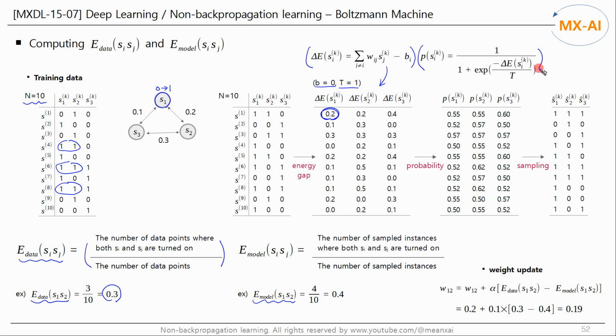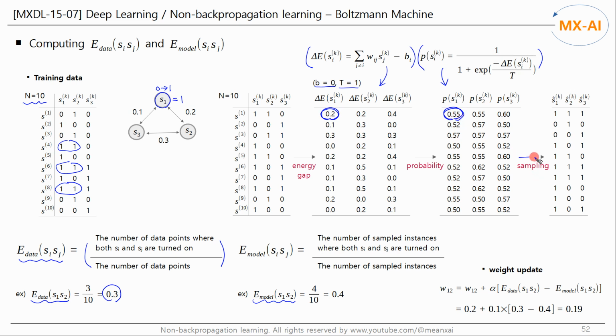Next, we use this formula to calculate the probability that each neuron will turn on. This value means that the probability that the state of the first neuron will be 1 for the first training data point is 0.55.